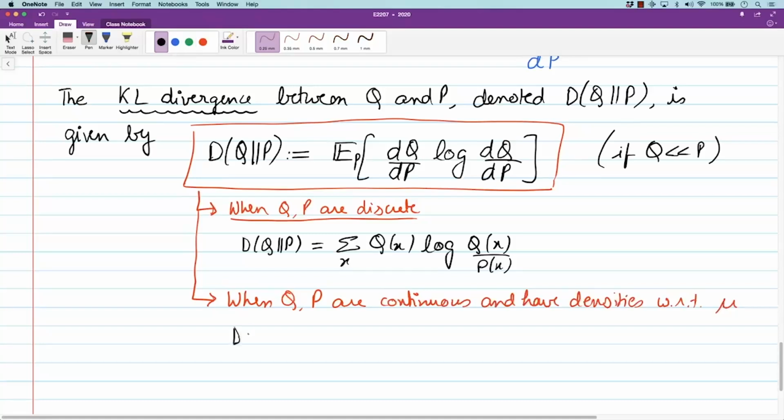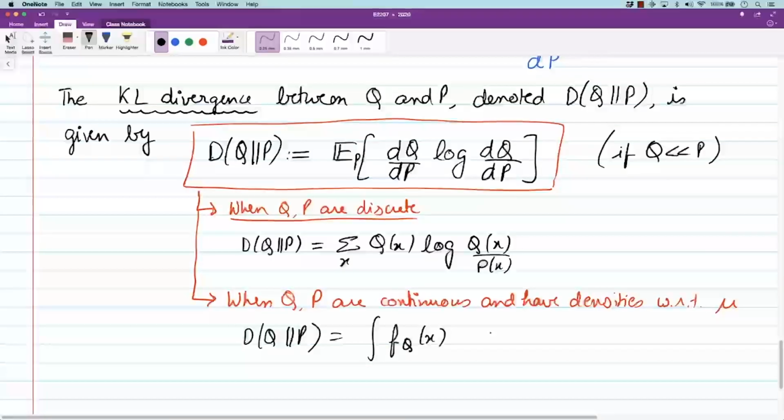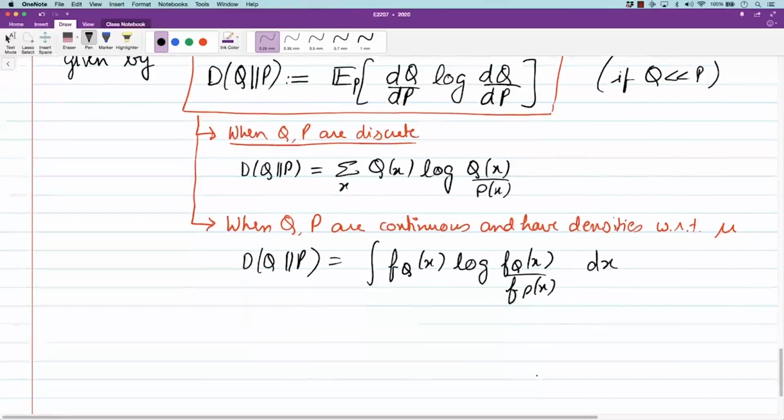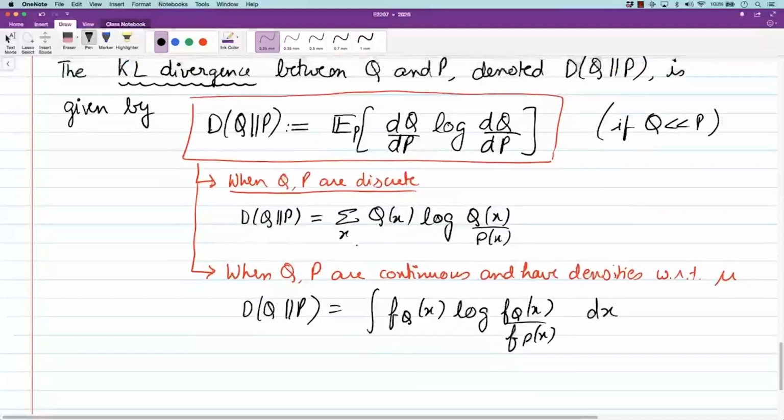Then, just like Gaussian or some other two distributions, this is equal to the integral of the density of Q times the log of density of Q by density of P, dx. And this integration here is with respect to the Lebesgue measure. Okay, the standard integration. That's the other example where this has a very concrete form.